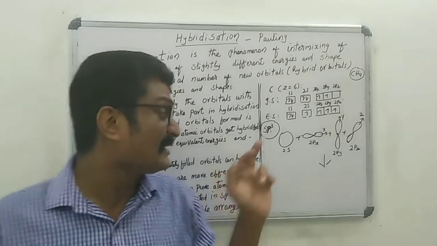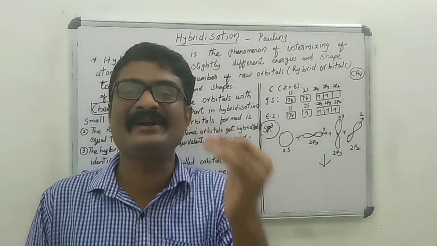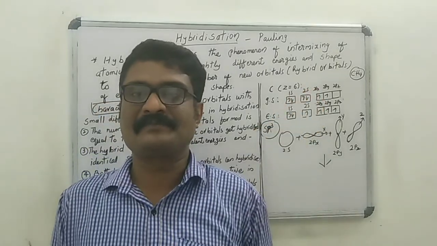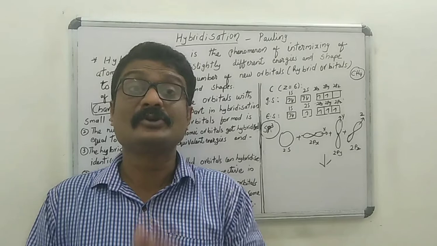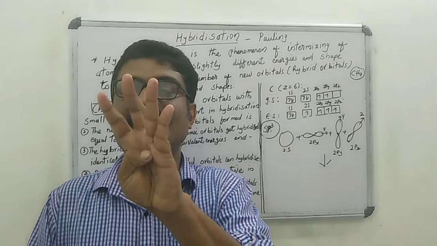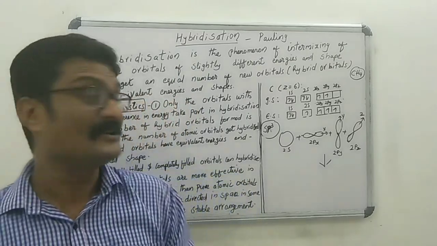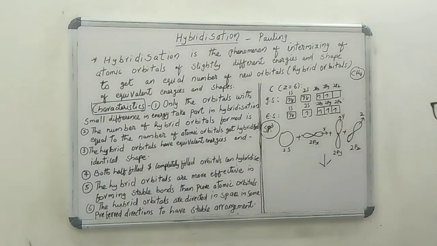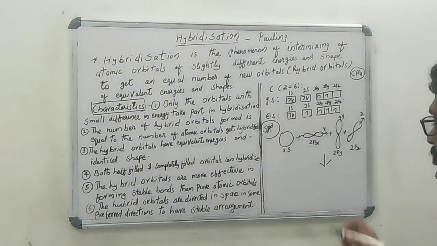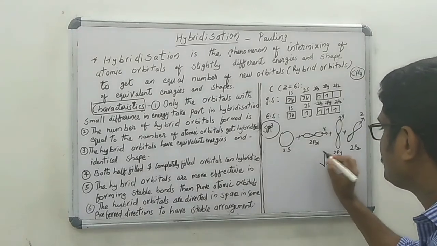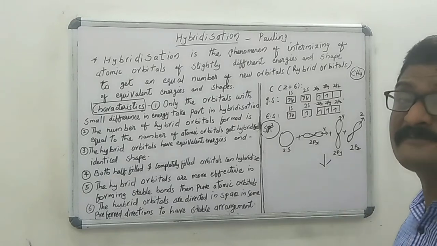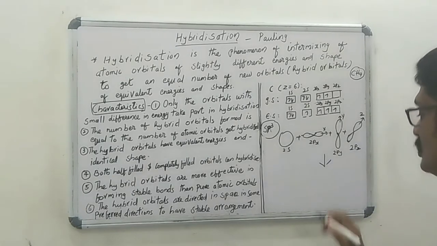In this type, one s orbital and 3 p orbitals of this carbon atom get hybridized to form 4 new type of equivalent hybrid orbitals. The new type of orbitals are called hybrid orbitals. 2s plus 2px plus 2py plus 2pz forms the 4 hybrid orbitals.